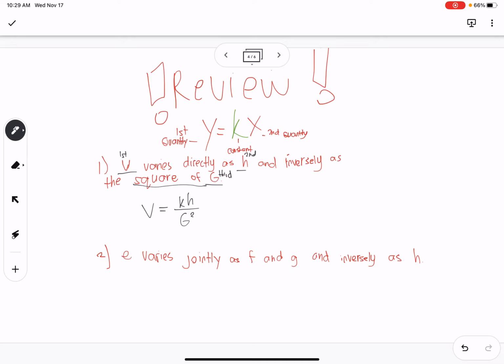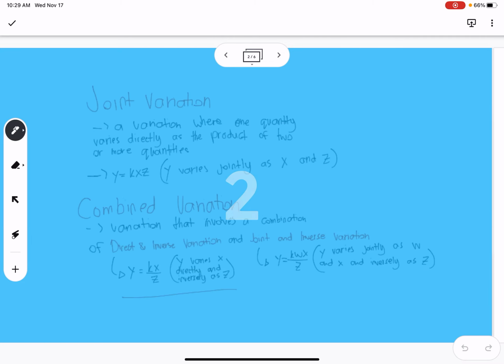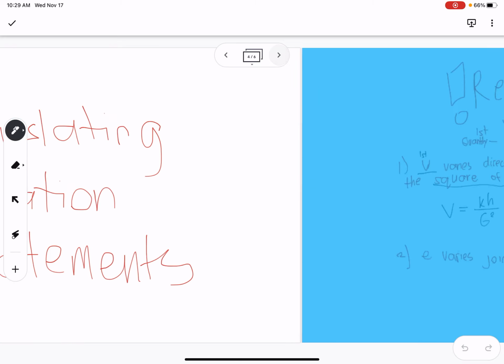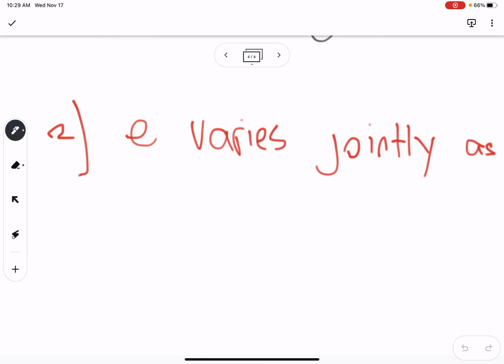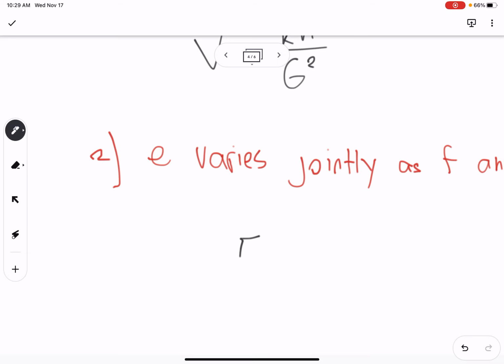Let's try this. E varies jointly as f and g and inversely as h. Let's check which one it is over here. It is a joint and inverse variation. Next, we're going to be substituting the values for the equation. Wait, let me just write down the equation so you won't be confused.